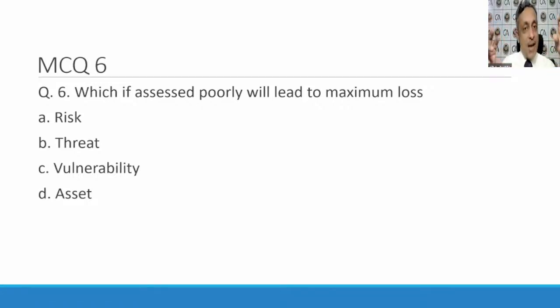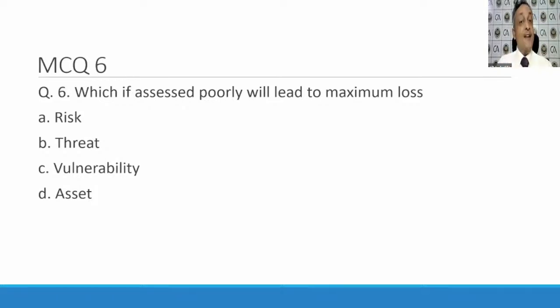Now please understand why asset. See, if you don't identify something as an asset, you know what will happen? If I have not identified something like my mobile as an asset, I will not do vulnerability assessment. What is vulnerability assessment of an asset? Identifying weaknesses, the way this asset can be exploited.